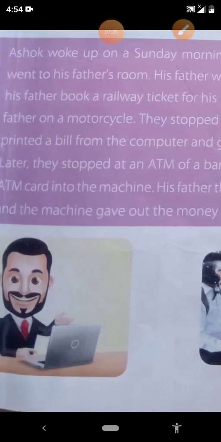He gives some input to book a railway ticket. That is input. The computer processes it with some identification, like that the computer will ask, that is process. And finally he gets a railway ticket, that is output. So this is one example of the IPO cycle.